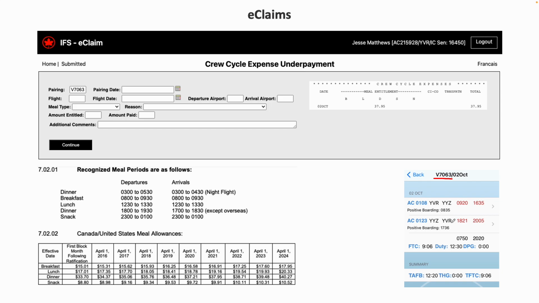Next is pairing date. You can click on the calculator, and that will open up a calendar where you can select the date for the pairing in question. And in this case, the pairing itself was on October the 2nd in 2021.